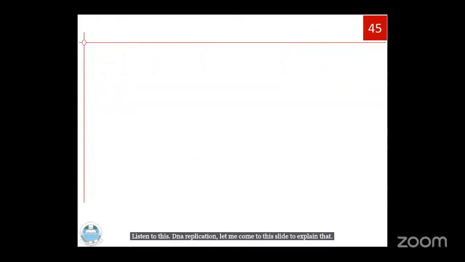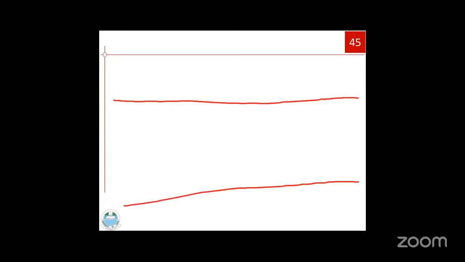Now, look at this slide that I intentionally left blank. We have two strands of our DNA. This one runs from 3' to 5'. This one runs from 5' to 3'. These are the parental strands. They are now opened up.